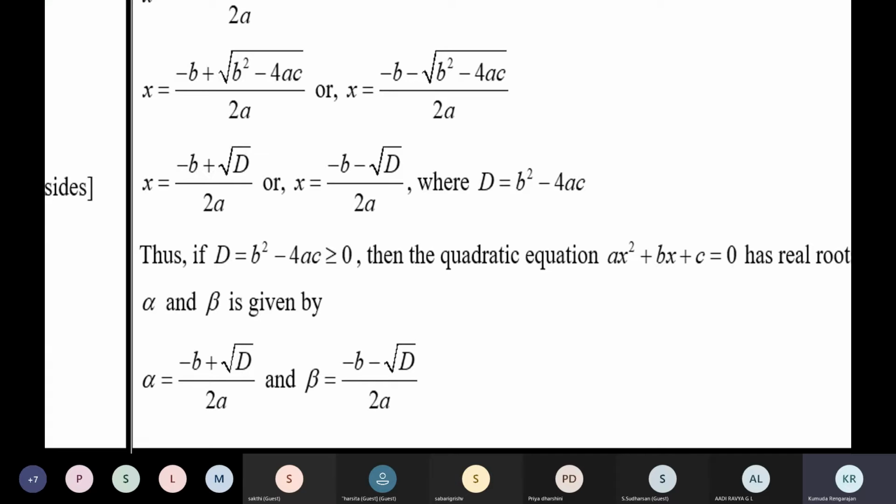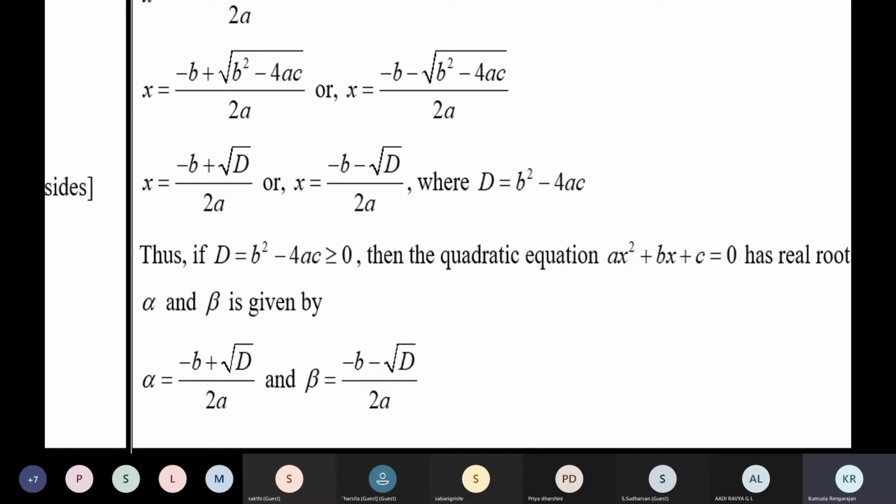Take the simple equation x square plus 64 is equal to 0. It is a quadratic equation in one variable x.